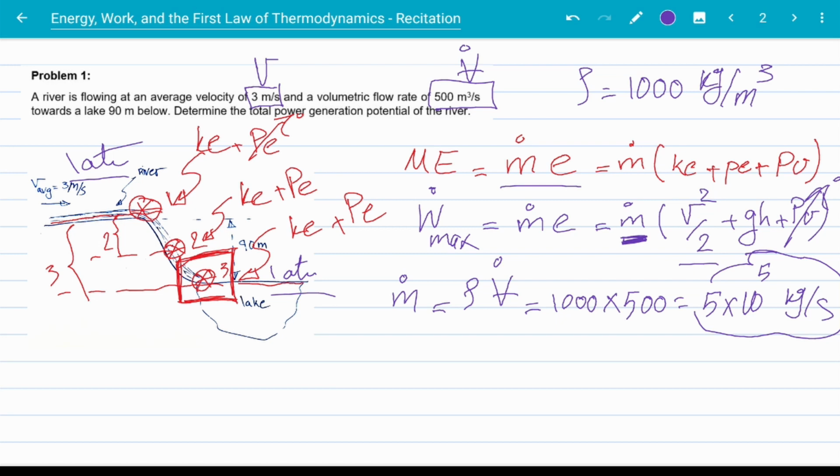Now let's continue with the rest of the terms in this equation. So power, potential, or max is 5 times 10 to the 5 times. Now, what is the velocity? The velocity that we get at point 3 is 3 squared over 2 plus potential energy at point 3, which is g times h. h is 90 meters. g, for simplicity, we are going to take as 10.